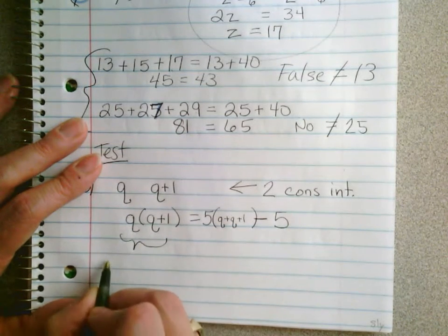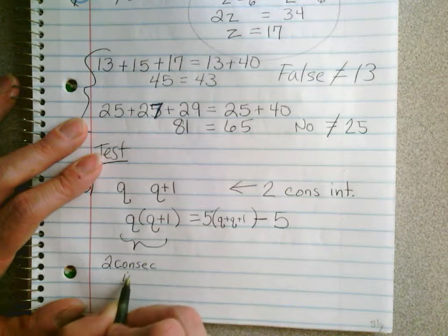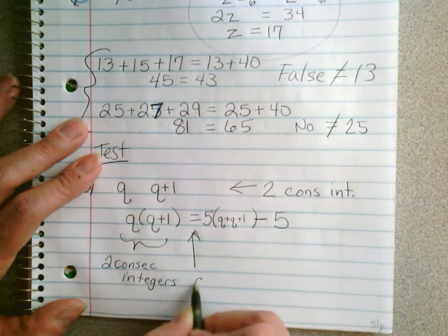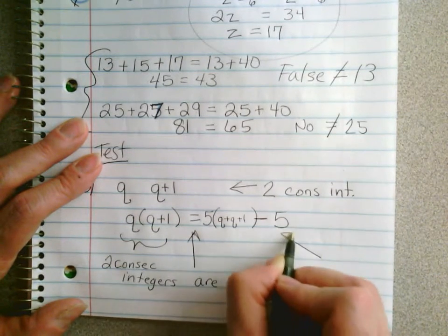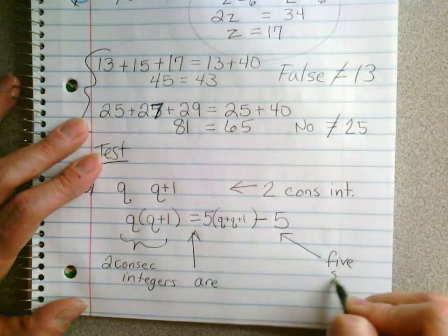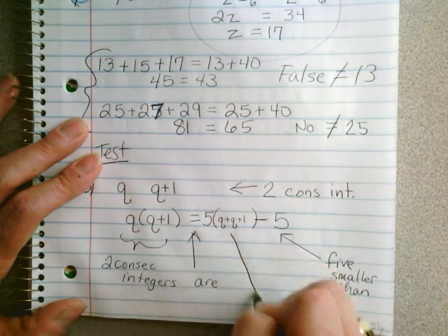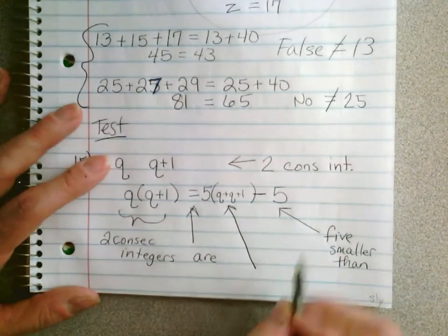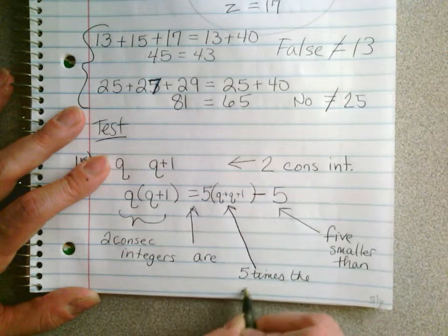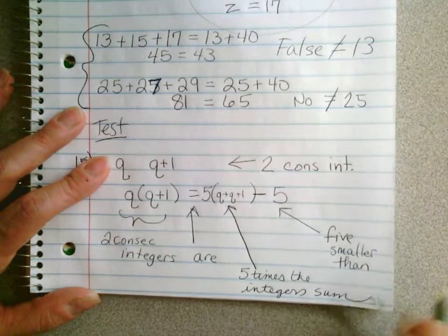So this is 2 consecutive integers that are 5 smaller than 5 times the integer's sum.